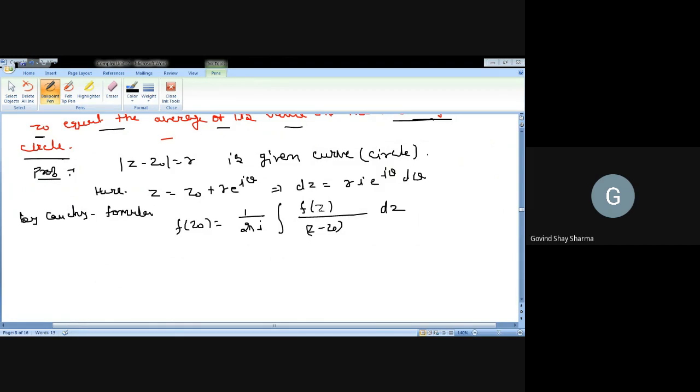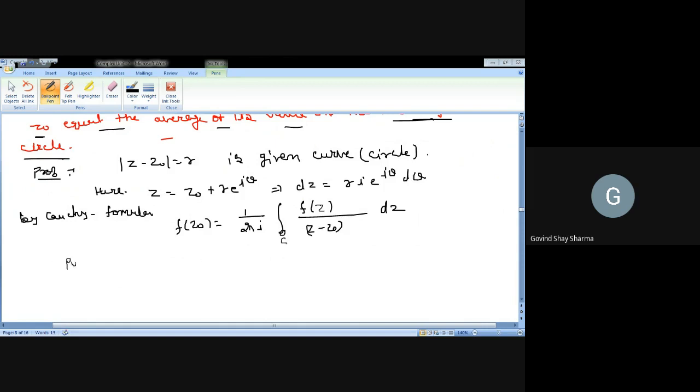Okay, this is our Cauchy integral formula: f(z0) is equal to 1 upon 2 pi i integration on the closed curve f(z) upon z minus z0 dz.